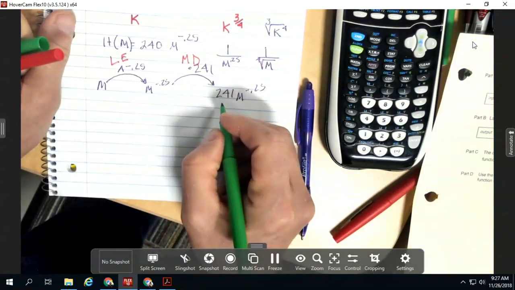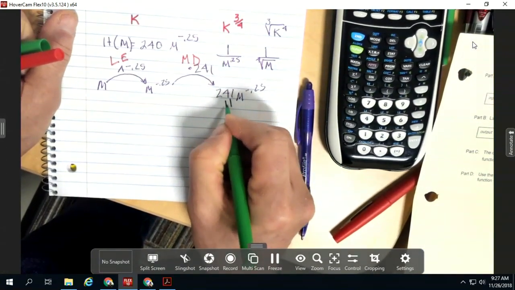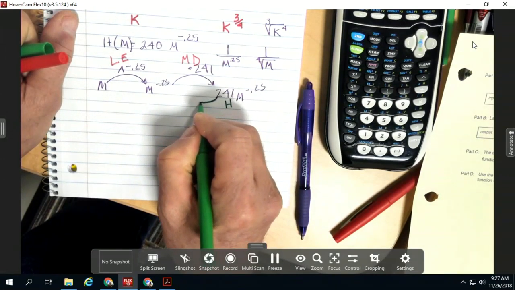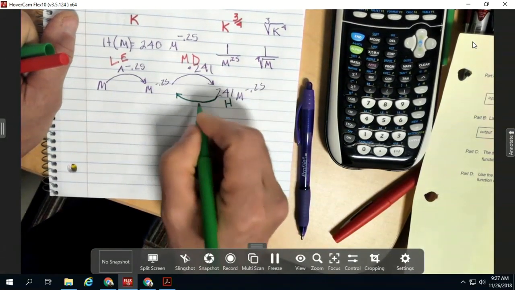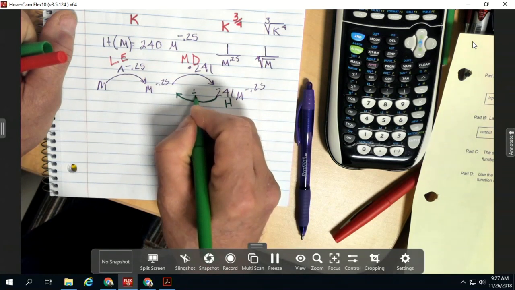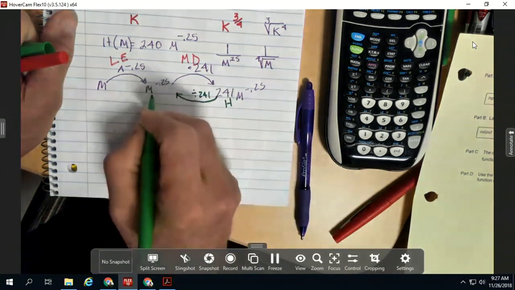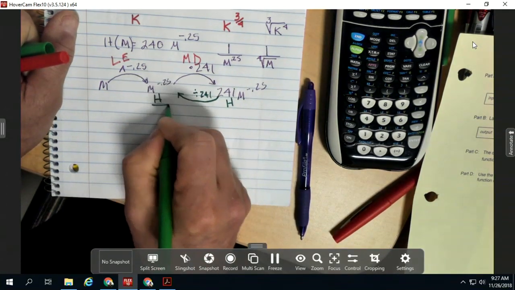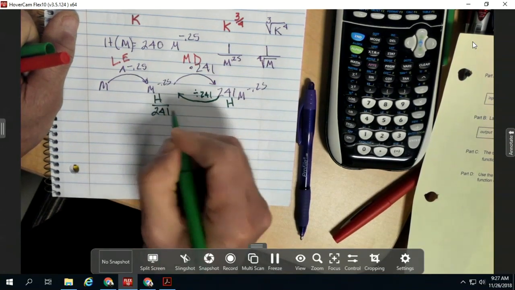How do we undo it? Well, we start with the heart rate. What's the first thing we're going to undo? And we get h over 241.